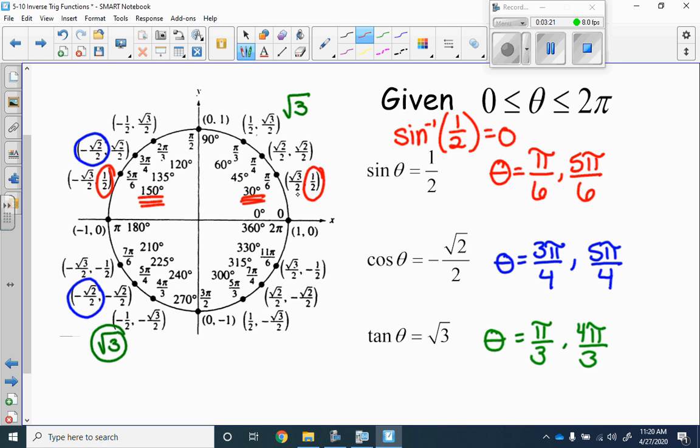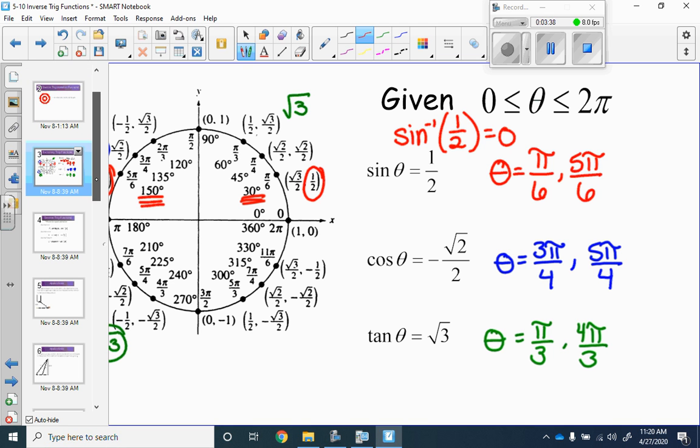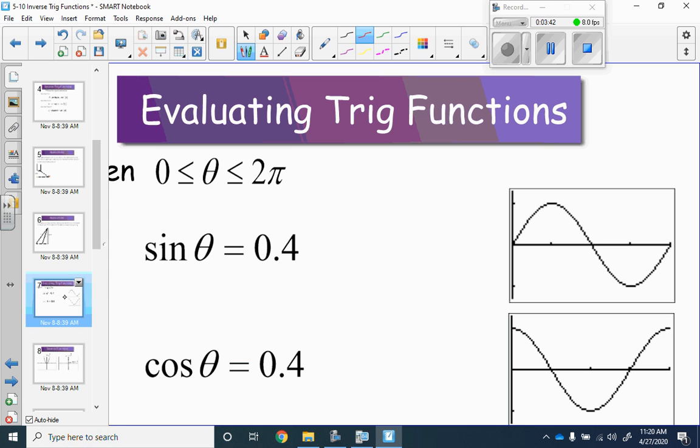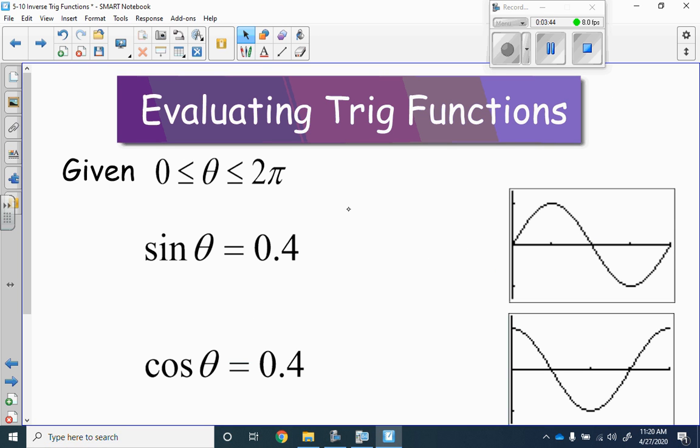That is because when you look at inverses, your inverse technically is not a function, okay? What we end up having to do is restrict our domain to get to that point. So I am going to jump down to show you this graph.